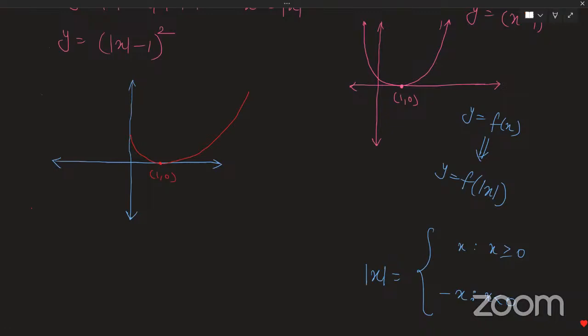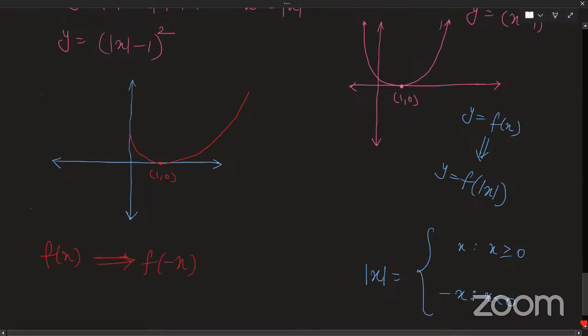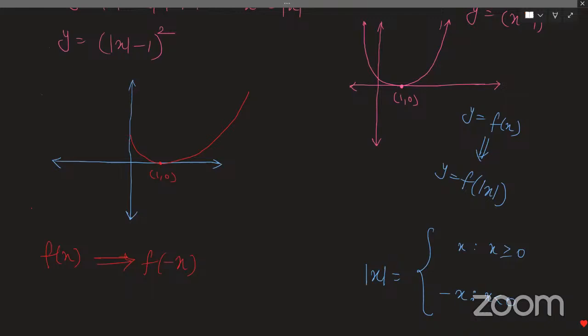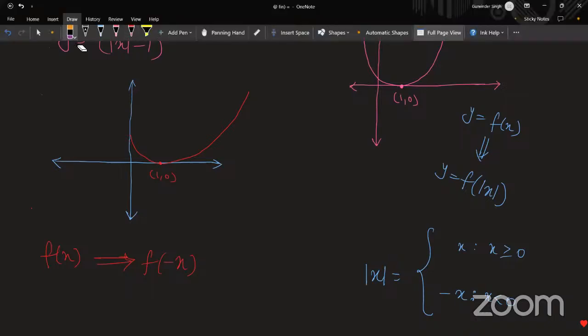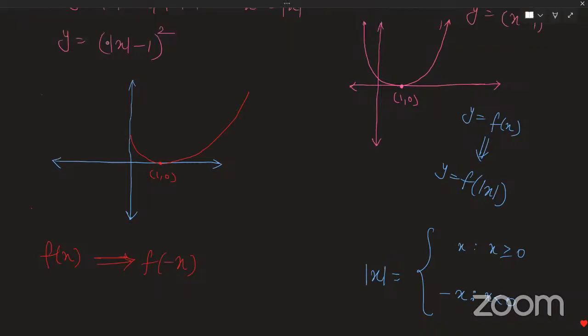Now looking at the negative side, when x is negative, I need to go for minus x. From f of x, how do I create the curve of f of minus x? Anyone knows? Don't remember anyone? Mirror image about the y-axis. Great, great.